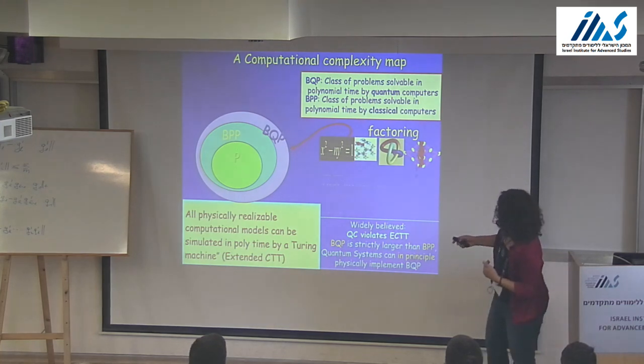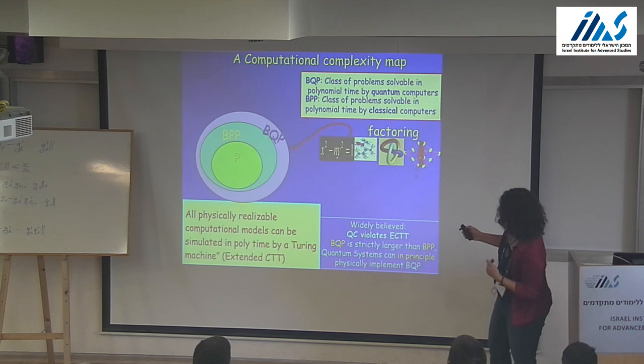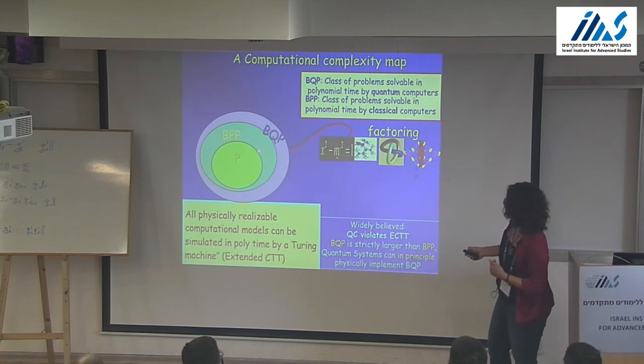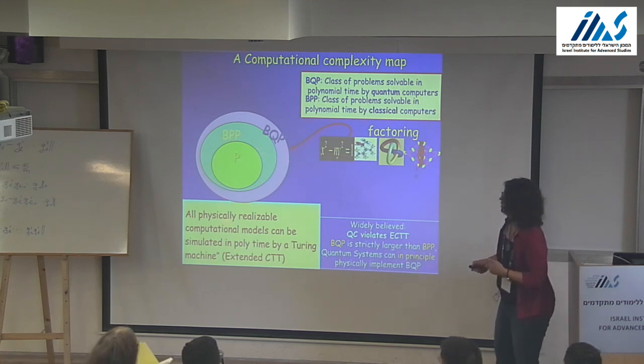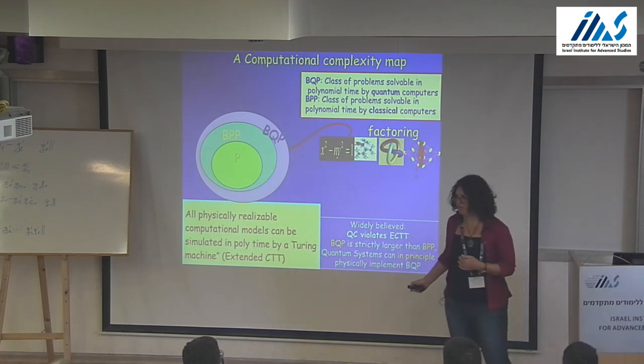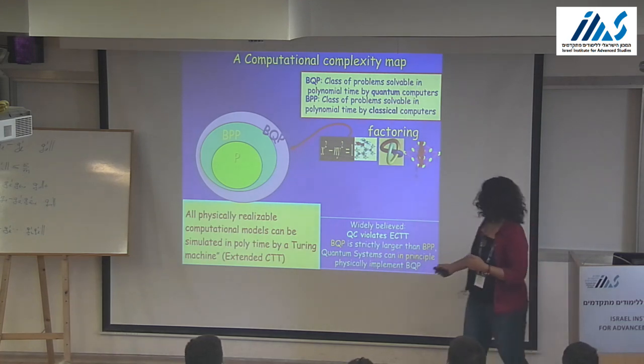And so, if I look at the computational map now, I have BQP and BPP, and we strongly think that BQP is larger than BPP. And so this seems to violate the extended Church-Turing thesis that we talked about earlier.